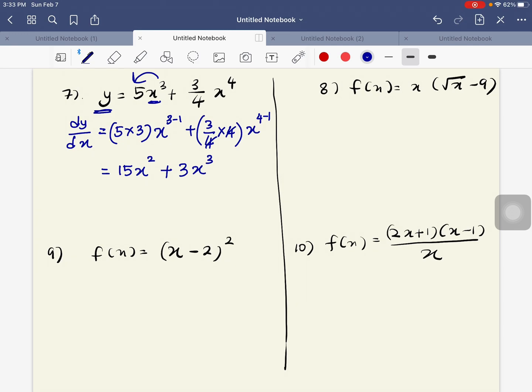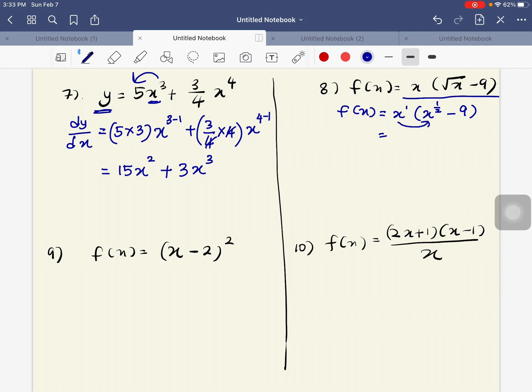Okay, so moving on to the next question. Okay, moving on to question number 8. So what happens if you see something like this? So this is actually fx is equals to x power of 1 over 2, right? Minus with 9. So first thing first, what you do is you have to multiply it first, one by one.